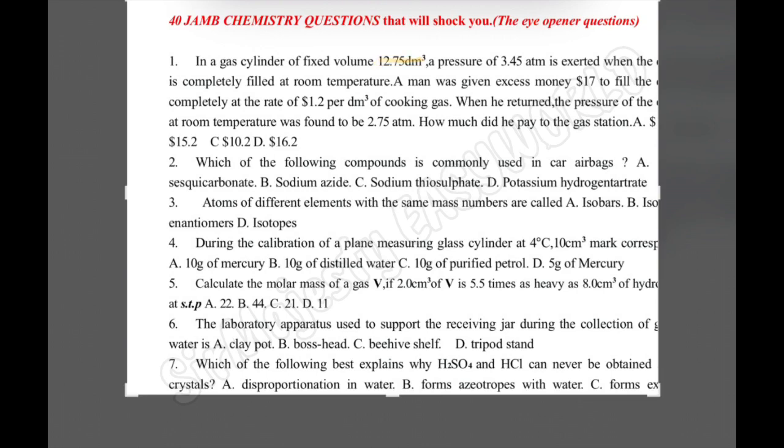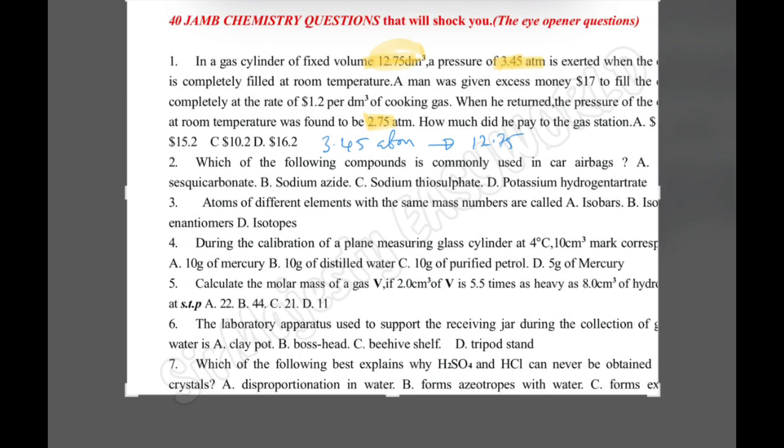That's the entire volume, which corresponds to 3.45 atm. And then it was found to be this. So we can use this simple pairing to discover where the level is when the man returned. The pressure of 3.45 atm is only when the molecules of gas there is up to 2.75.